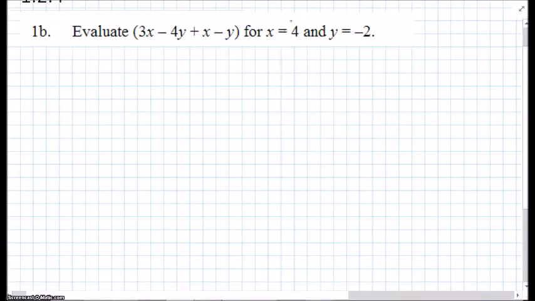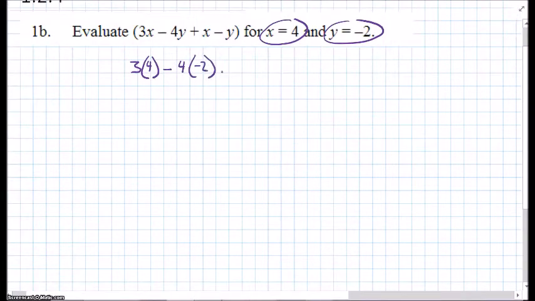So we know x equals 4 and y equals -2, so it's going to be 3 replacing 4 for x, minus 4, -2 for y, plus 4 for our x minus, in parentheses, -2 for y. So now we've got to do orders of operations, so we've got to do our parentheses and multiplications first.